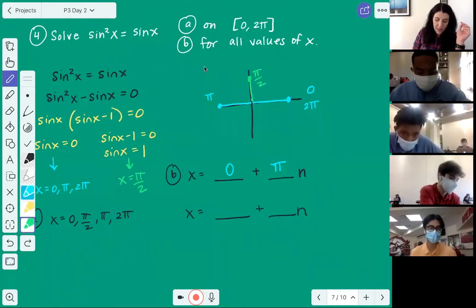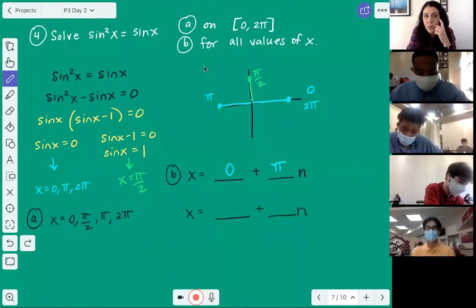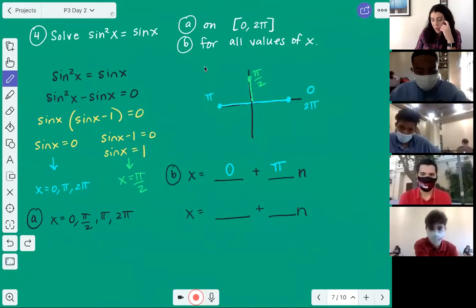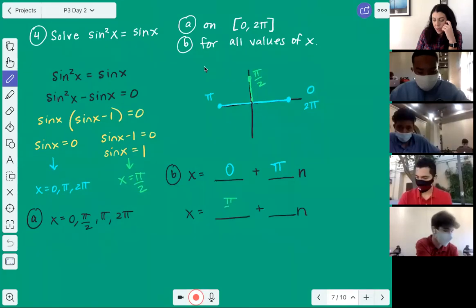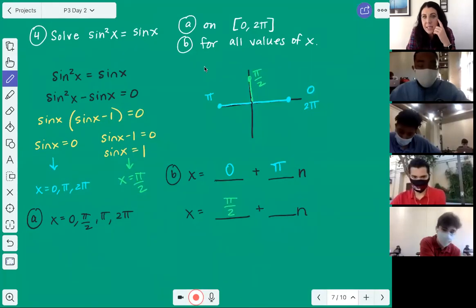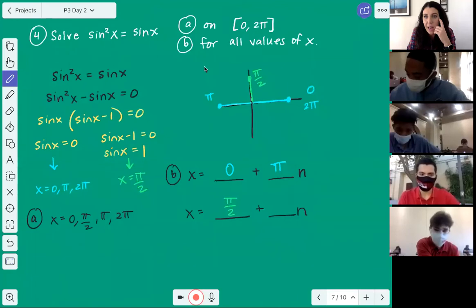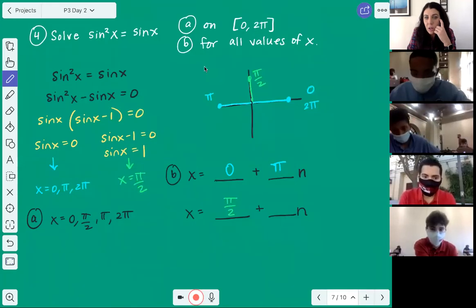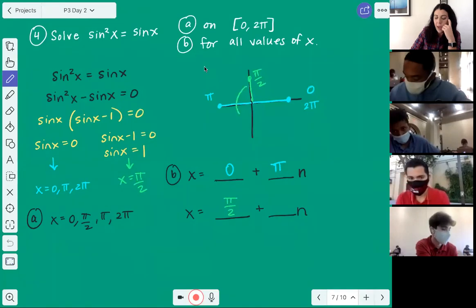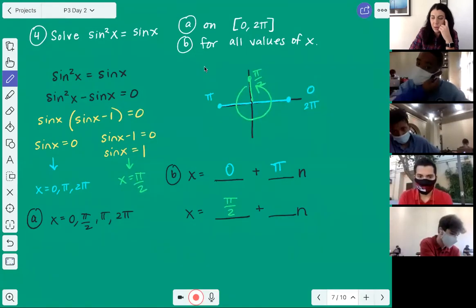Bobby, how about that green? So if I'm trying to hit that green part only, so those are the places where sine is equal to 1. So we know we're including what angle? Pi over 2. Good, pi over 2. And then what would be the distance to get back to that angle? So to go all the way until we hit that green one again, how far is that?